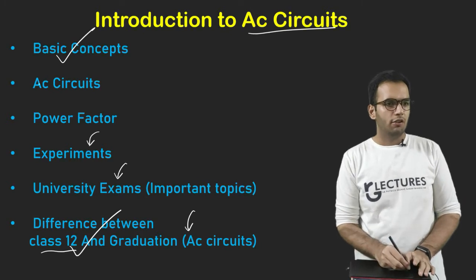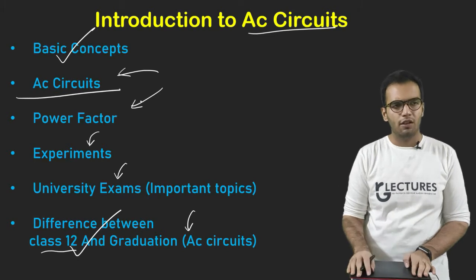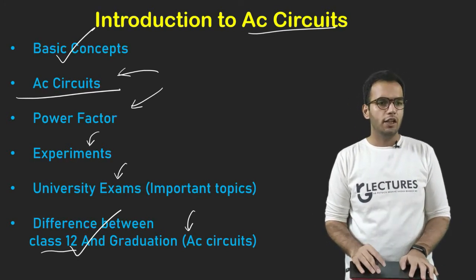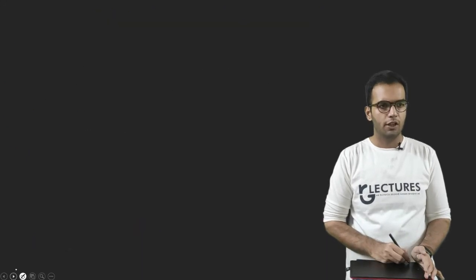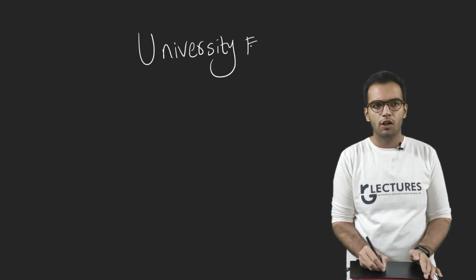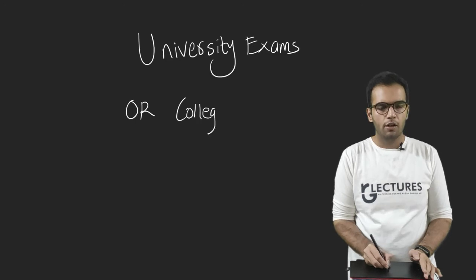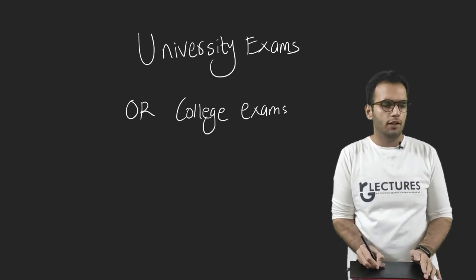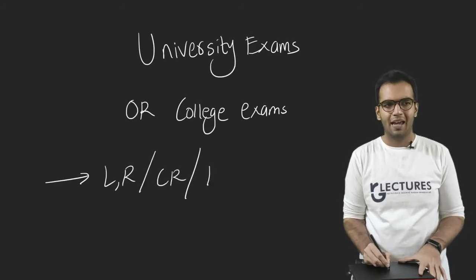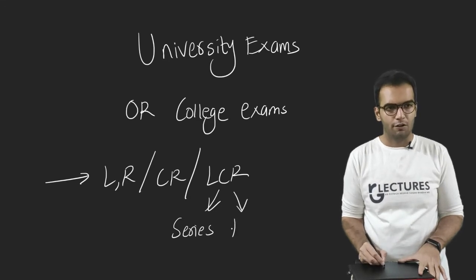The unit can be divided into two important parts. First is AC circuits and the second is power factor. In university exams, which are equivalent to the board exams, or college exams, whichever college you are in, the important topics are derivations on the LR circuit, CR circuit and LCR circuit, which include series resonance as well as parallel resonance.